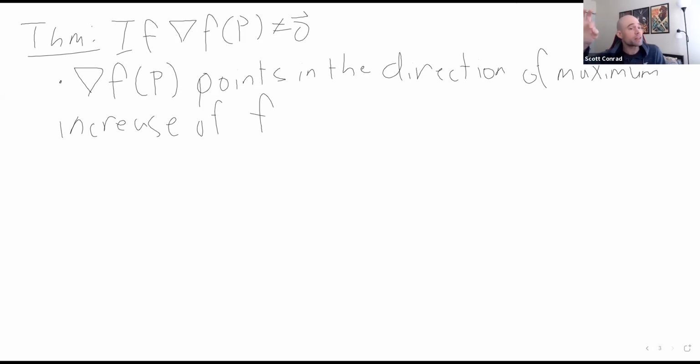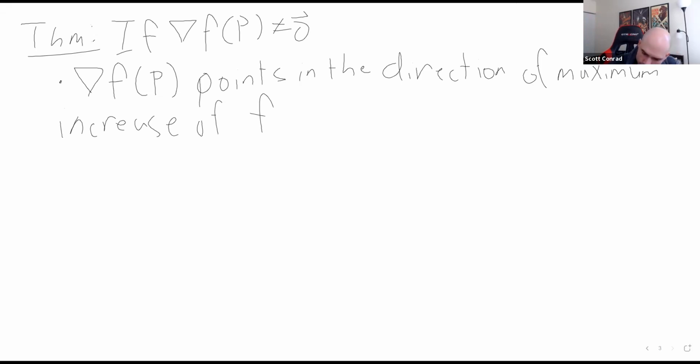So in other words, if you're at the point P and you want to know what direction to go where your function is going to increase the fastest, well, you look at the gradient. It's going to point in the direction you want to go. If you go in that direction, your function is going to increase the fastest.